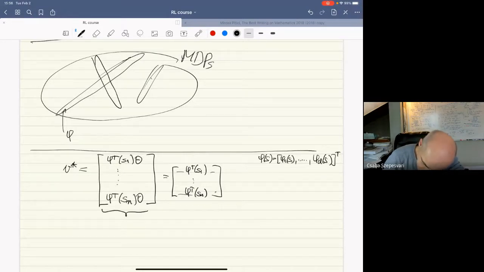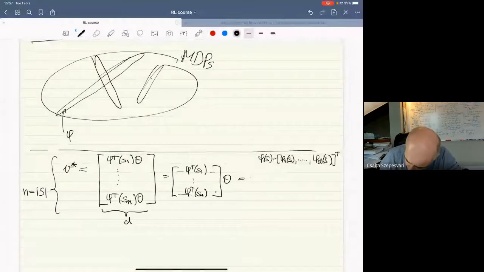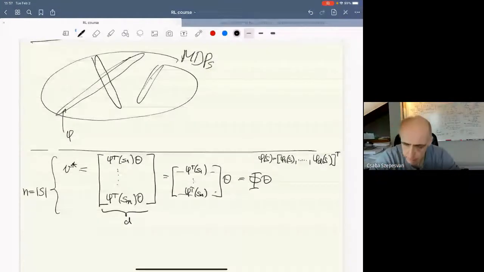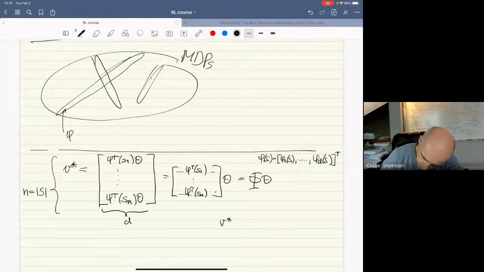So this has d columns. In every column, there is a basis function. And it has n rows, which is the number of states. I don't use S here because otherwise things would not look nice. And so you can pull out the theta, and then all together, very often we just write that V star is equal to phi times theta. Or we also say that V star lives in the span of phi, which is this set.